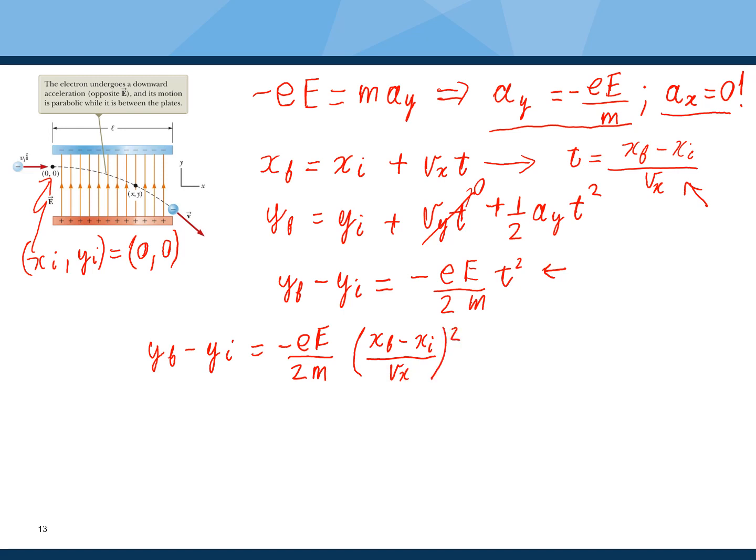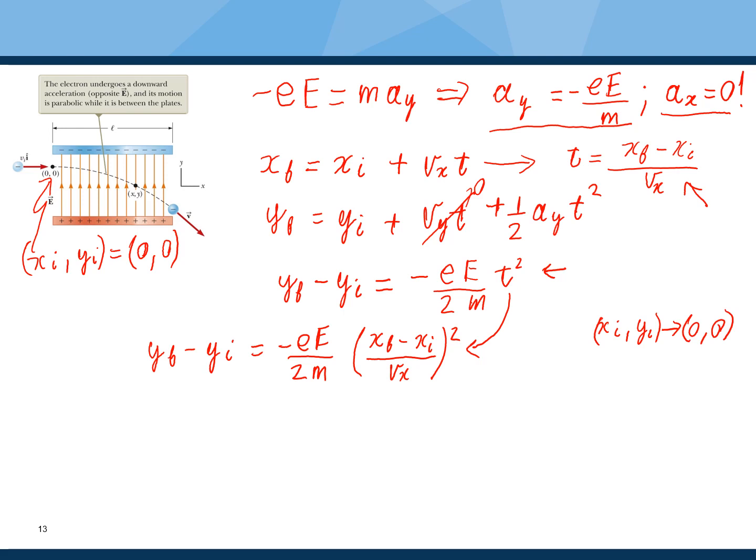Okay, so we've replaced the time with this expression, and now we can simplify. In fact, I can simplify it even further by taking xi and yi to be just equal to 0 and 0.